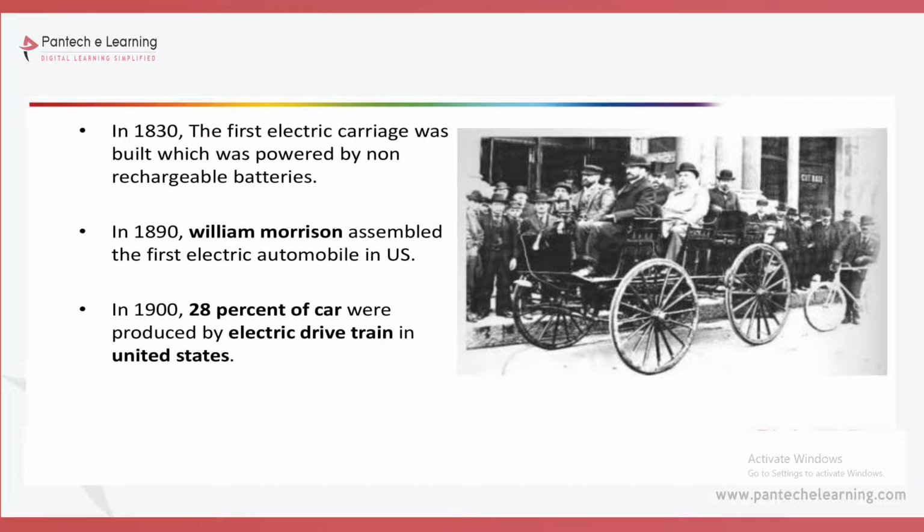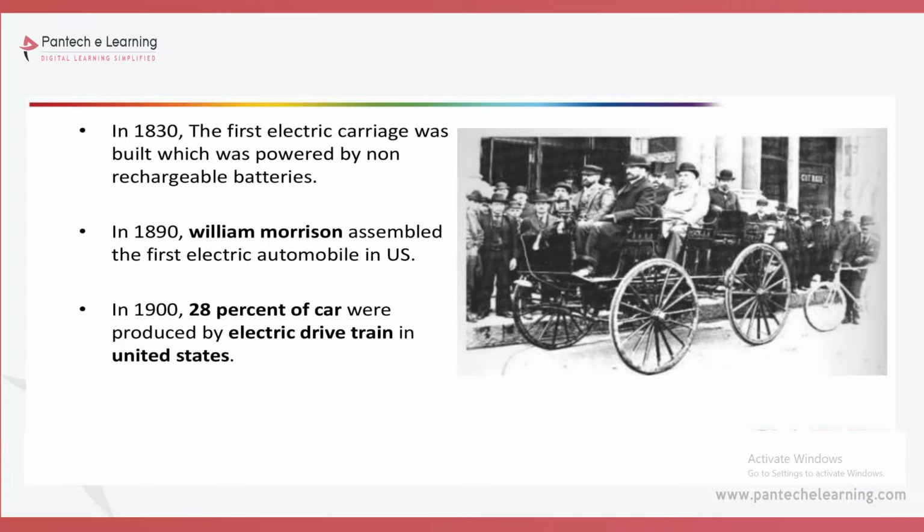In 1890, William Morrison assembled the first electric vehicle in the US. In the 1900s, 28 percent of cars produced had an electric drivetrain in the United States, not in India, in the US. Now in India, all the testing is going on with electric vehicles.